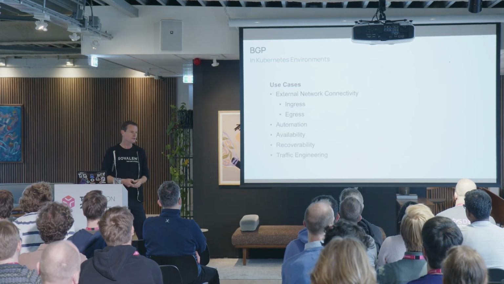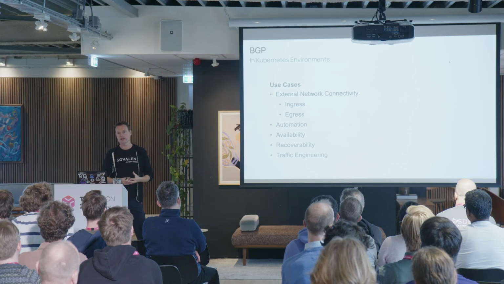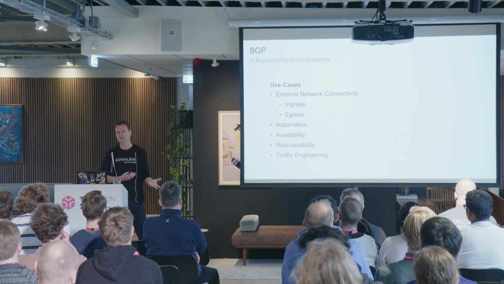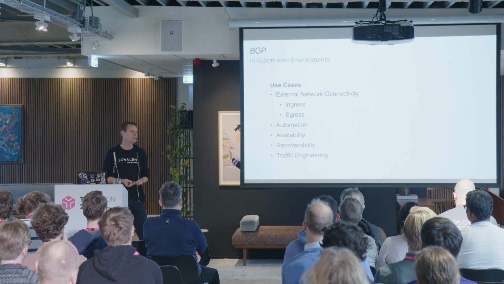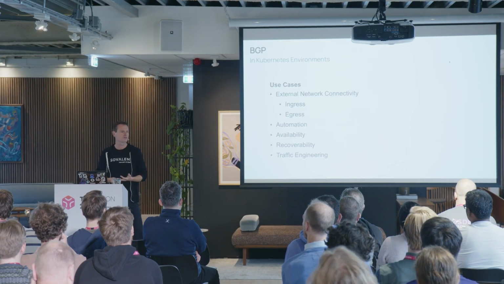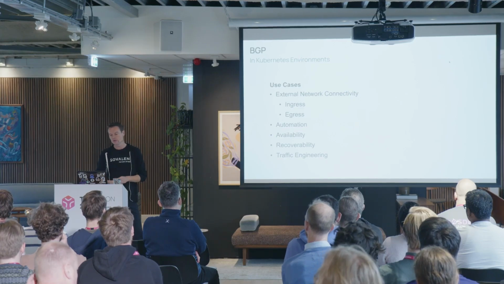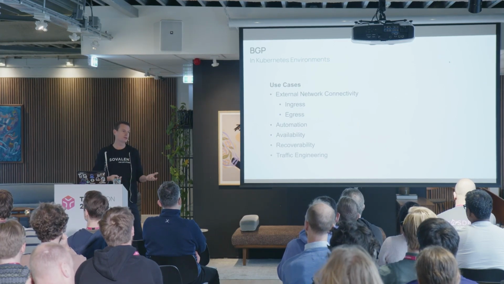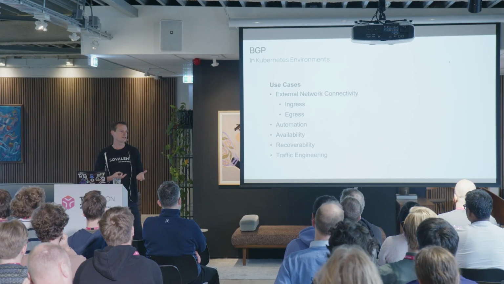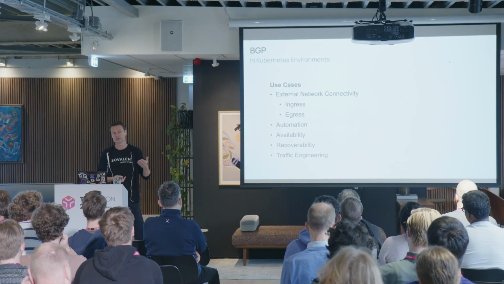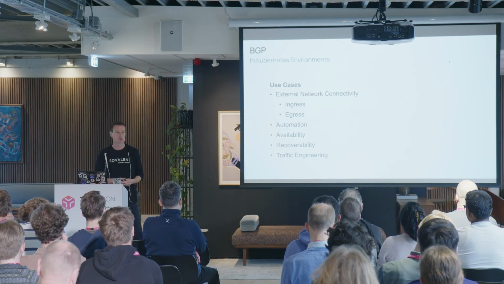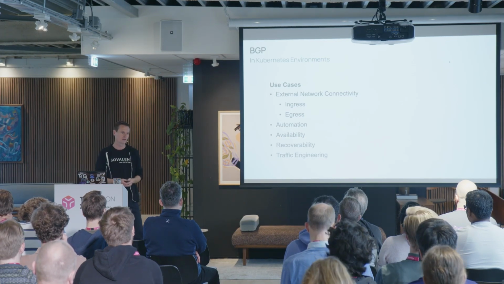Some use cases: running Kubernetes, running applications on top of your clusters doesn't do a lot. You want to connect to them, or your applications need to connect to external resources. So we're talking about ingress and egress networking. And to do that effectively, especially in production, you need to consider IP addressing, what is allowed to connect from the external network, ingress, and what's allowed to connect externally, egress, from your clusters. You want to design that connectivity.